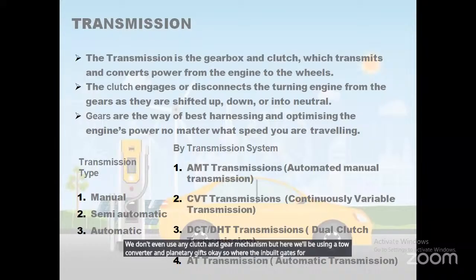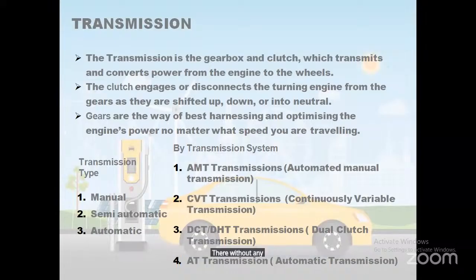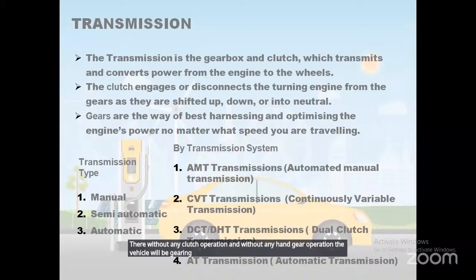Whenever we connect this torque converter and planetary gears, without any clutch operation and without any hand gear operation, the vehicle will be gearing up or gearing down. So here also we'll be having smooth and comfortable operation where the efficiency will be moderate to high.